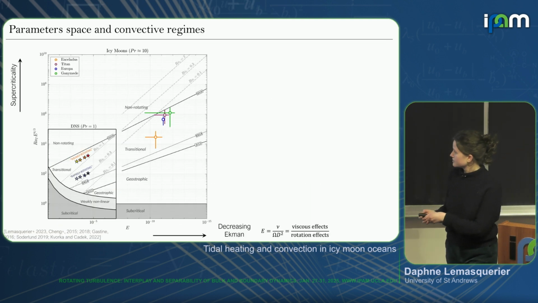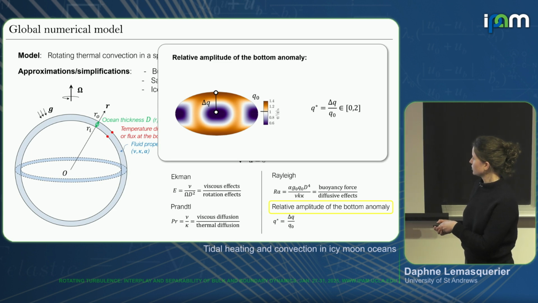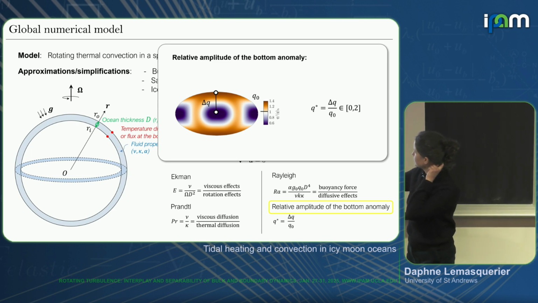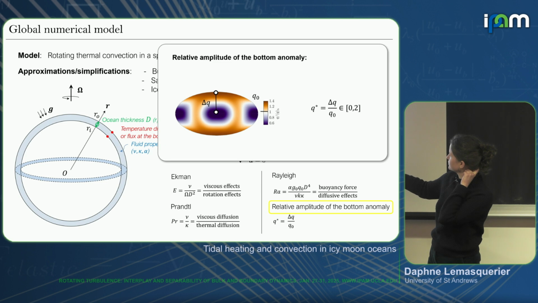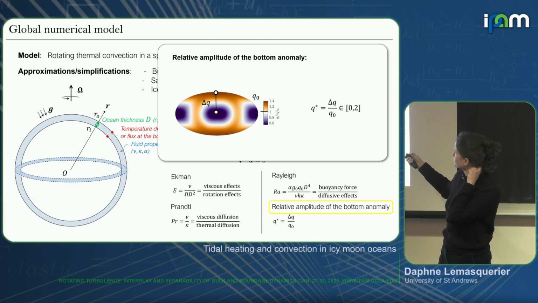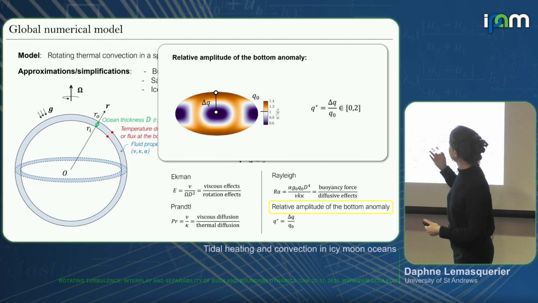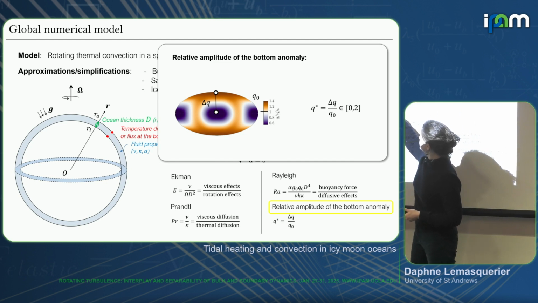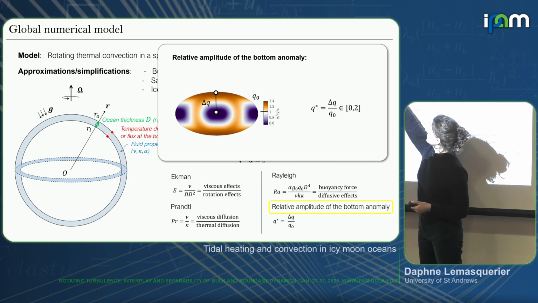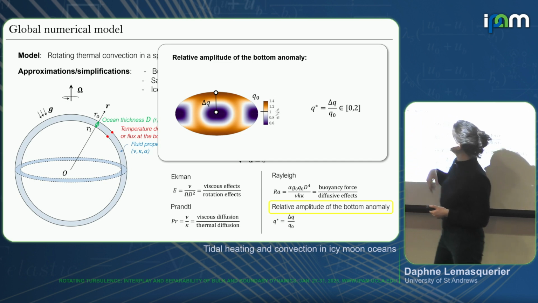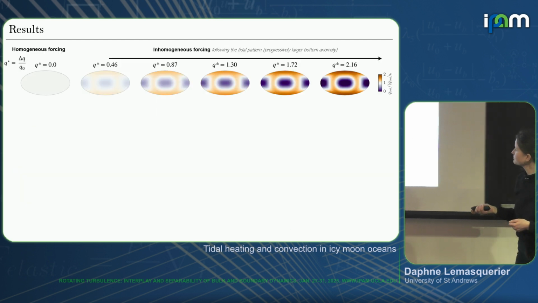Does this work? Yes. Okay, so there's a fourth dimensionless parameter, Q star, so delta Q over the average imposed heat flux, which is the relative amplitude of the bottom anomaly. I varied this between 0 and 2, so 0 being homogeneous heat flux, 2 being the extreme case where the heat flux is basically 0 here and twice Q naught at the poles.